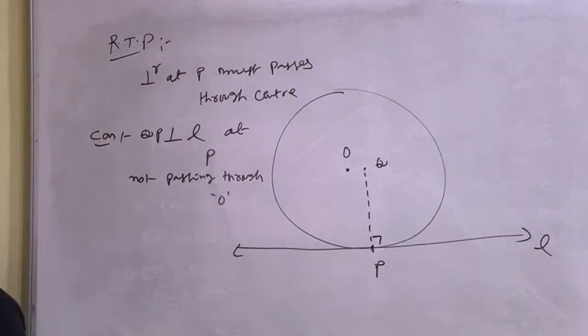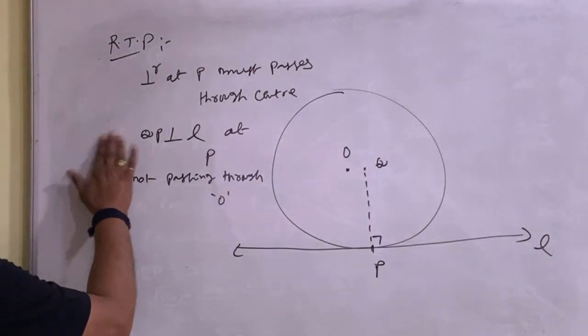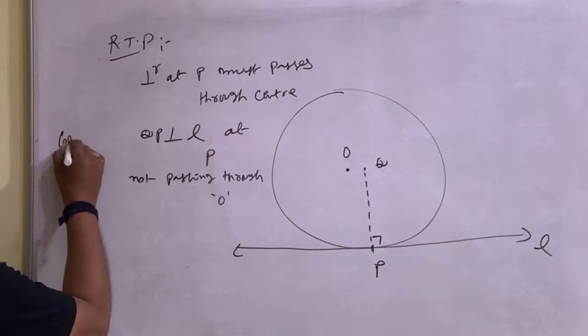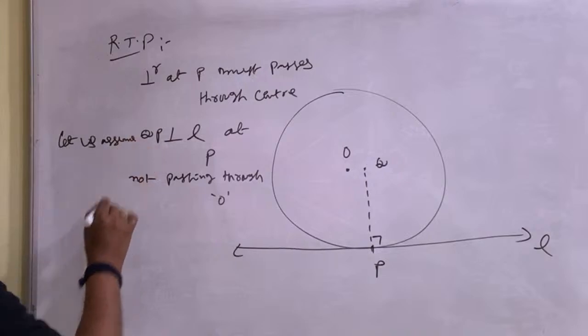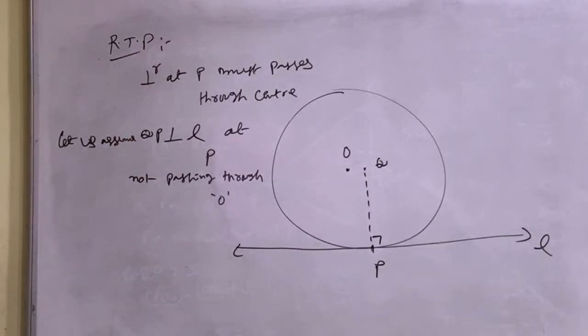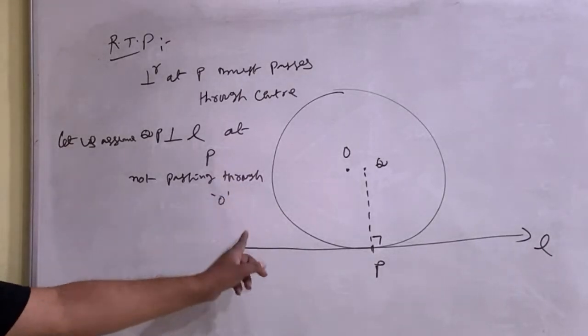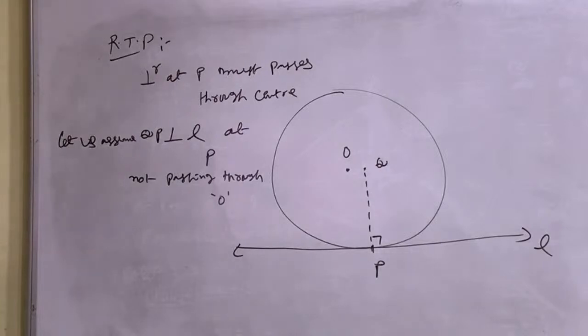Right. Let us assume QP is the perpendicular to L at P, not passing through the center O.